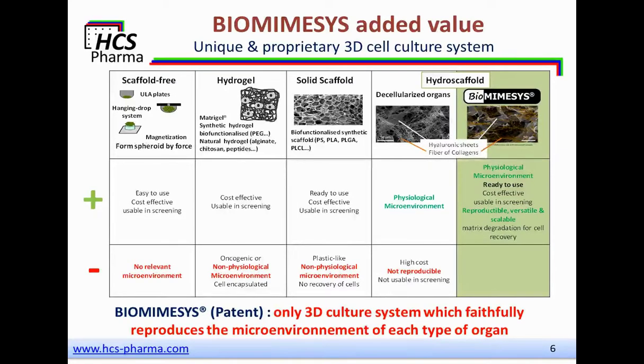For the second class, based on a matrix as a support for cell culture, we will focus on the nature and the physicochemical properties of different models. We find the classic system based on hydrogel, for example, thermosensitive hydrogel such as Matrigel, and other hydrogels based on biopolymer or synthetic polymer.